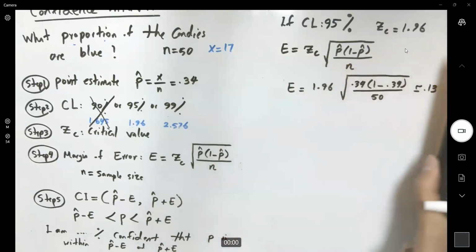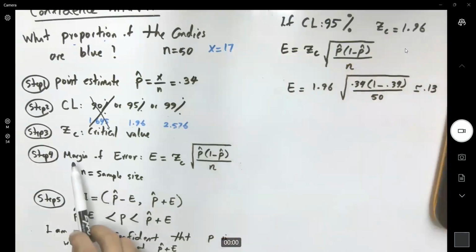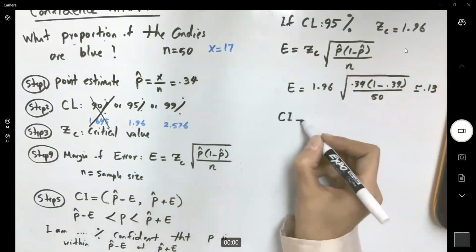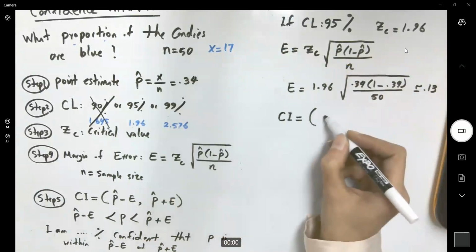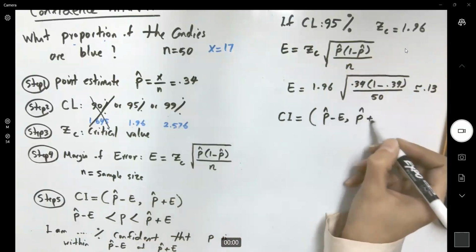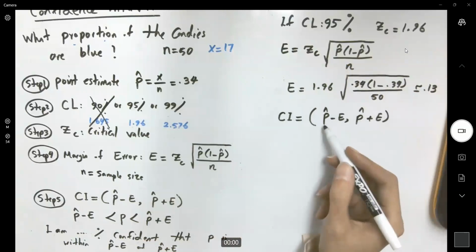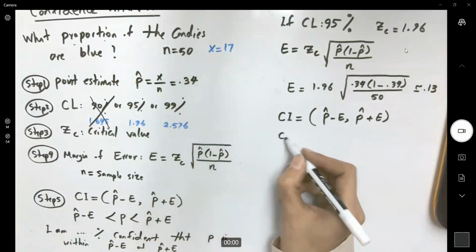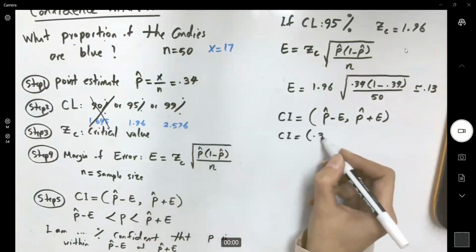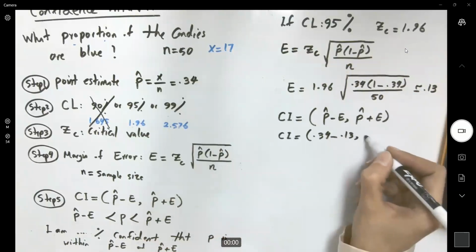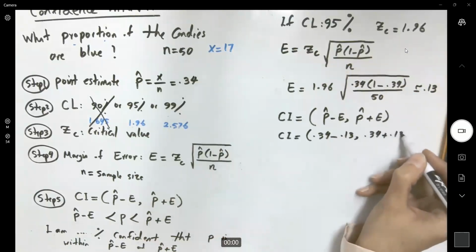Okay, very well. What is the next step? I found the margin of error, and now CI, or my confidence interval, is equal to open parenthesis P hat minus E, comma P hat plus E. What is P hat? P hat is the point estimate, 34%. So confidence interval becomes 34% minus 13% and 34% plus 13%.